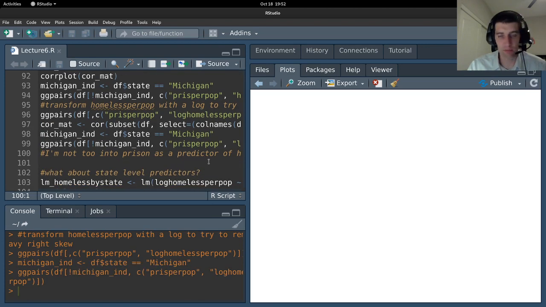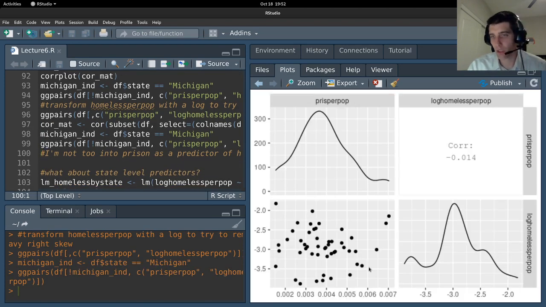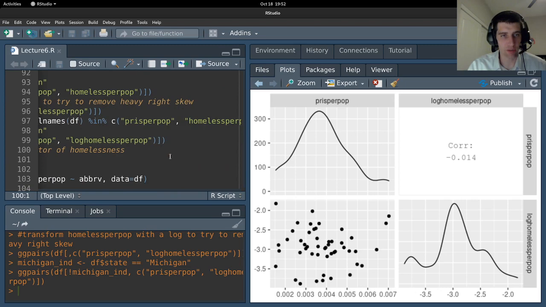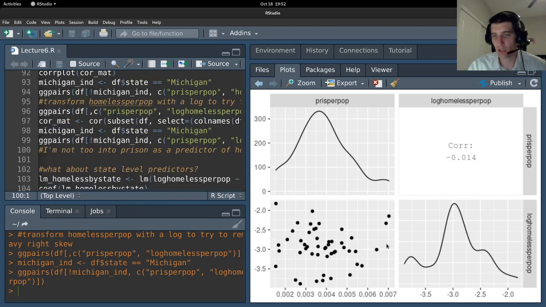All right. So what I'm doing here is I'm plotting against log homelessness per population. So instead of homelessness per population, this is on the log scale again, where negative 2 here is 10 to the negative 2 homelessness rate.